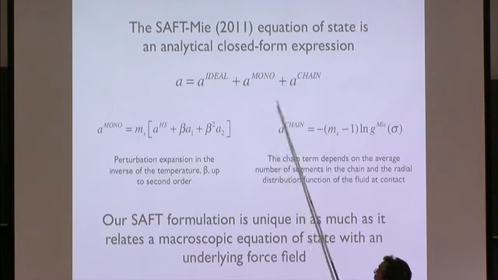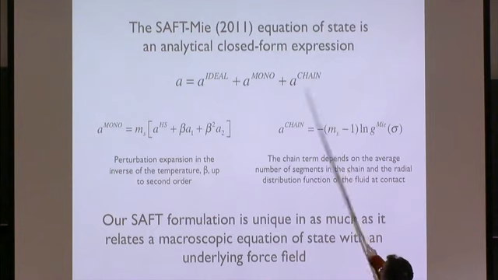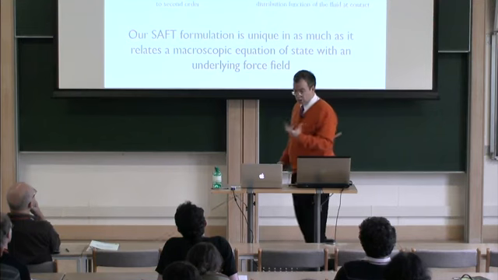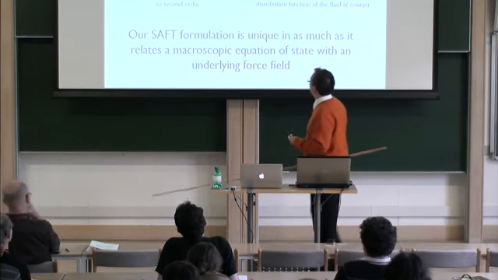Basically, our version of SAFT corresponds to a Mie potential. So it's an extended Lennard-Jones type of potential. In the version I'm going to talk about today, we also have the chain term. The chain term is also an added perturbation to the scheme, which takes into account the number of bonds made between these spheres to describe a chain.